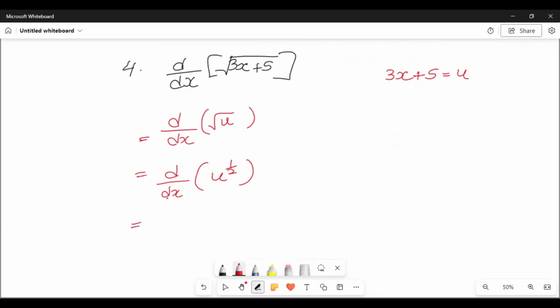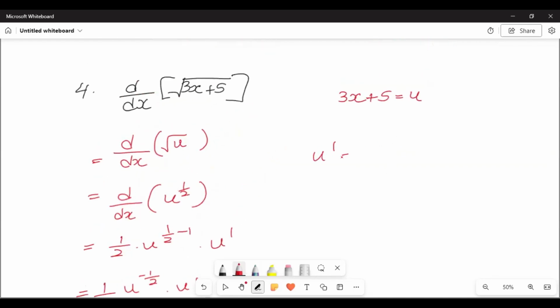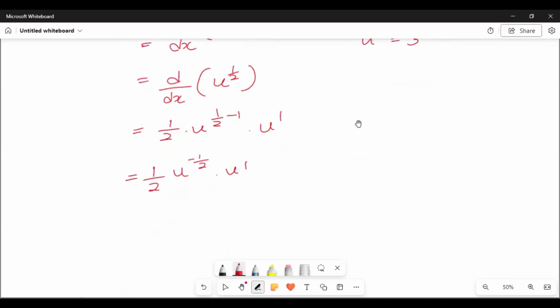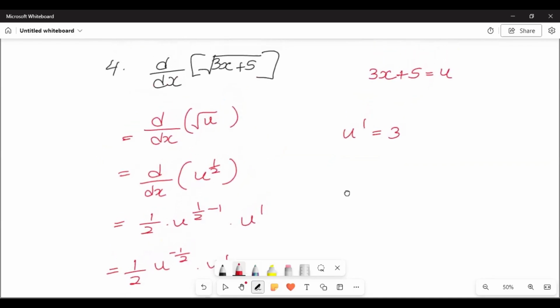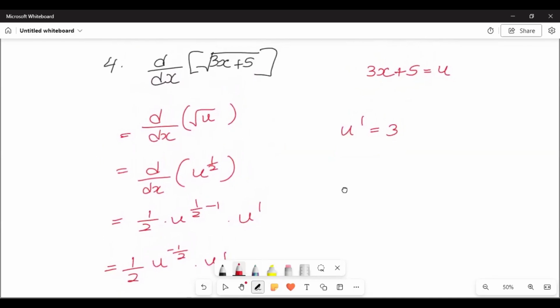First, you need to write the derivative of u to the power of half, just like x to the power of half. So you can write half times u to the power of half minus 1 times u'. So it's going to be half times u to the power of negative half times u'. So u' is only 3. So what is u? u is going to be 3x plus 5.